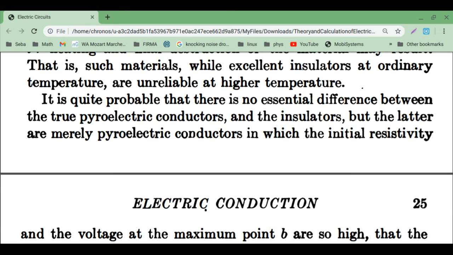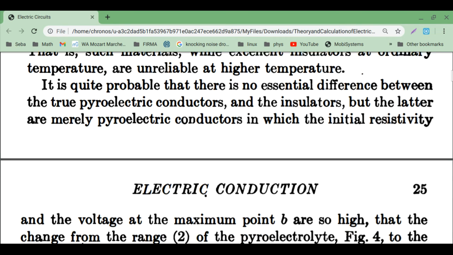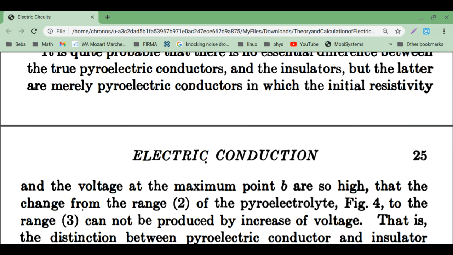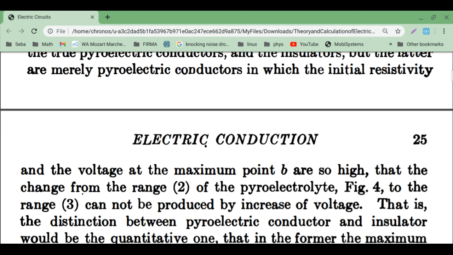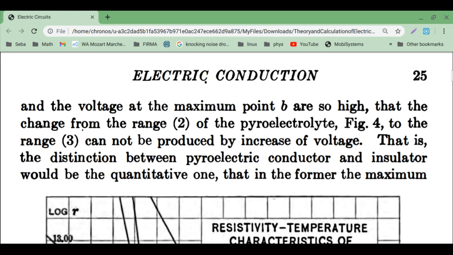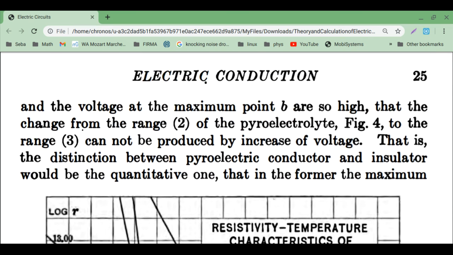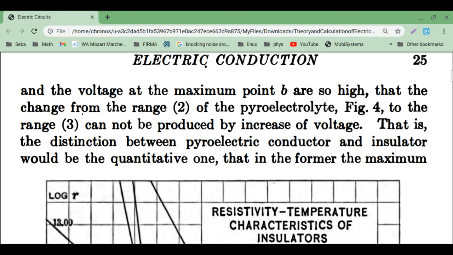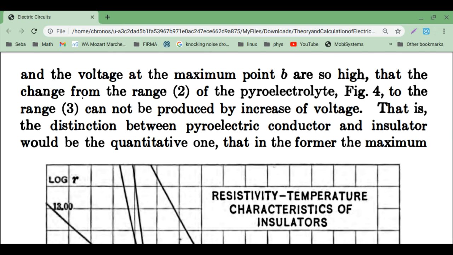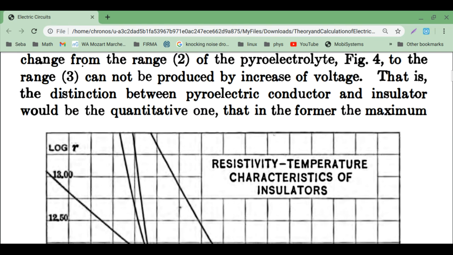It is quite probable that there is no essential difference between the true pyroelectric conductors and the insulators, but the latter are merely pyroelectric conductors in which the initial resistivity and the voltage at the maximum point B are so high that the change from range 2 of the pyroelectrolyte figure 4 to range 3 cannot be produced by increase of voltage.